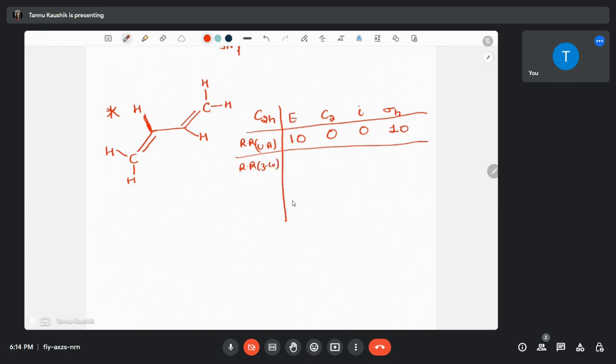This is for the three coordinates. Reducible representation for 3n will be 30, 0, 0, and 30.